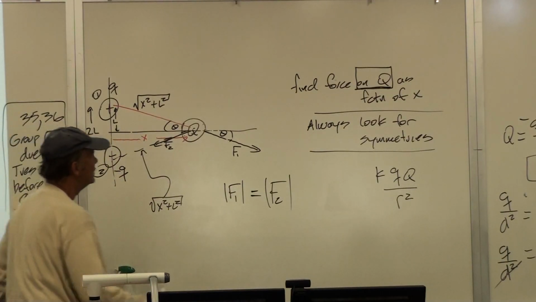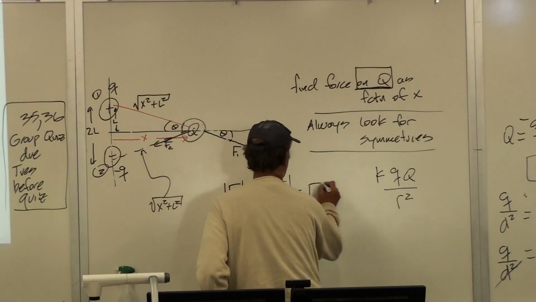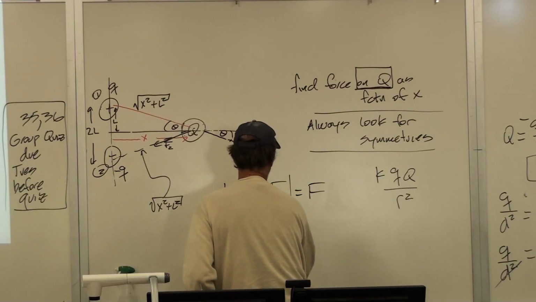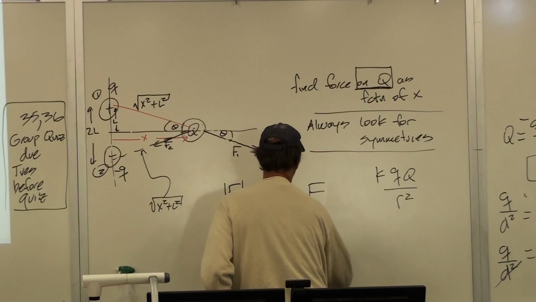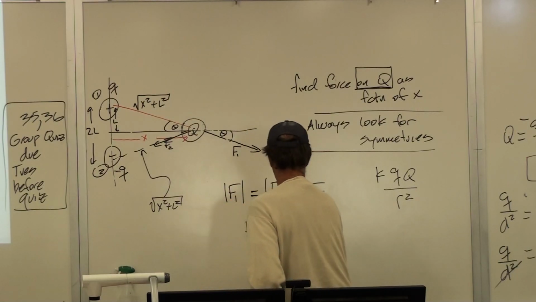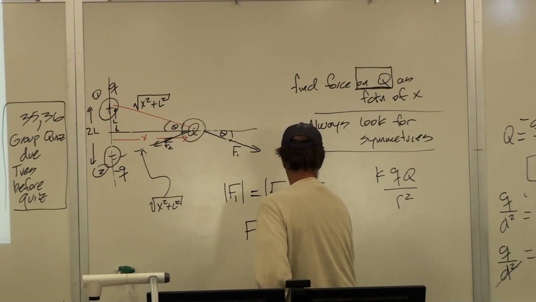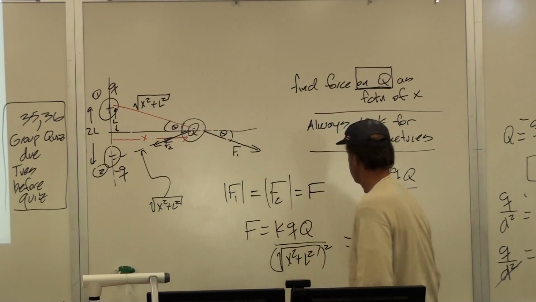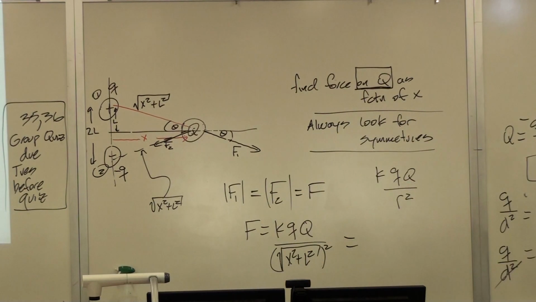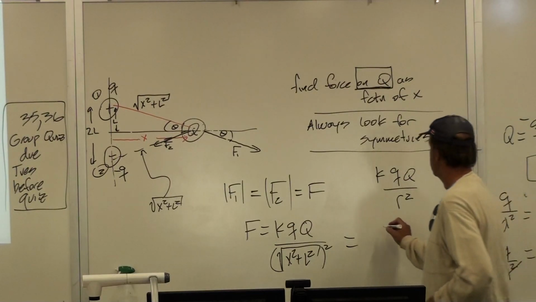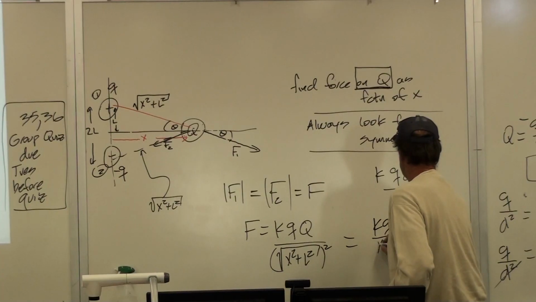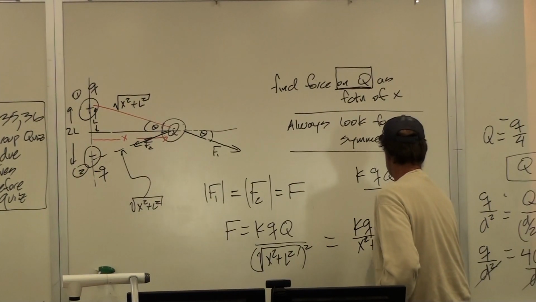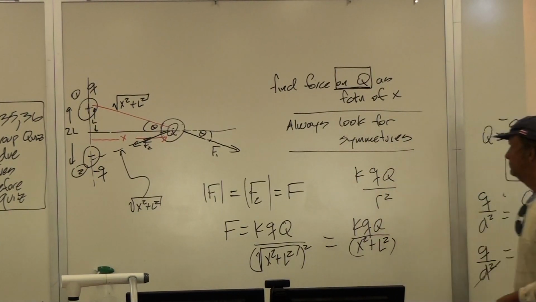So I could just call it some generic F. And I'll call that F then. Well, that's just K times little q times big Q divided by the square root of x squared plus L squared, squared. But that just gets rid of the square root. So that gives me K little q big Q divided by x squared plus L squared.